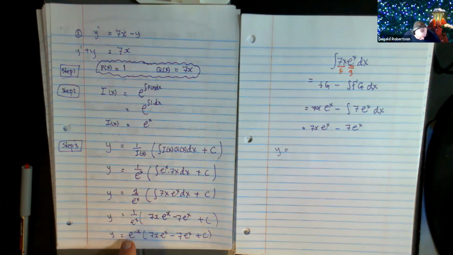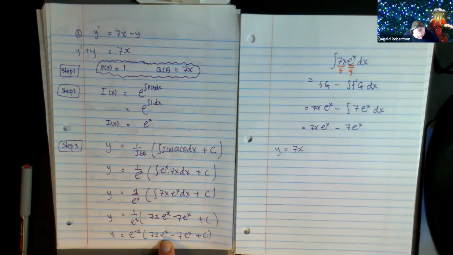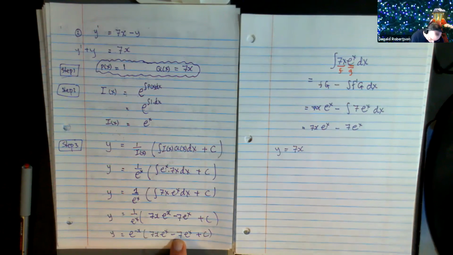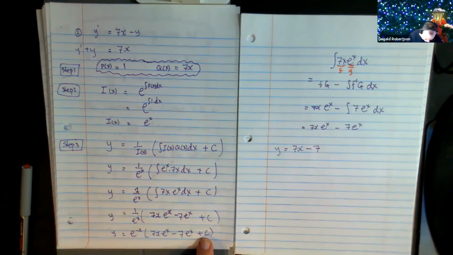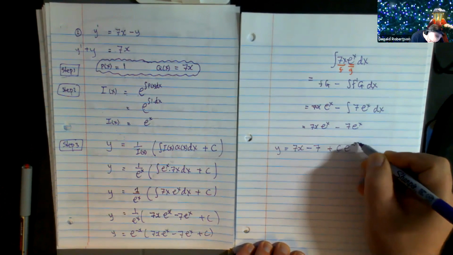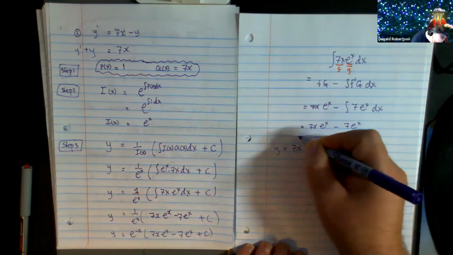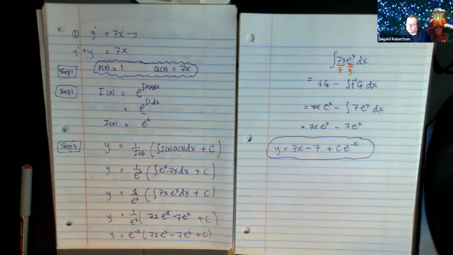Now, if you multiply this fella here by this guy here, you get 7x. If you multiply this guy here by this guy here, you get -7. And you multiply this guy here by this guy here, you get c e to the -x. And I would say that that is a nicer version, style point wise.